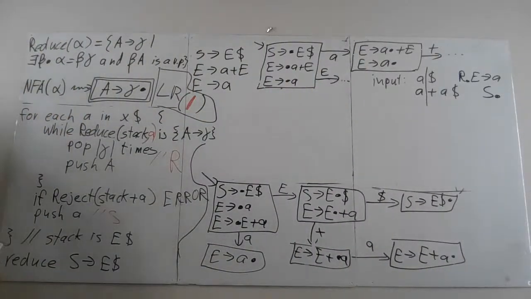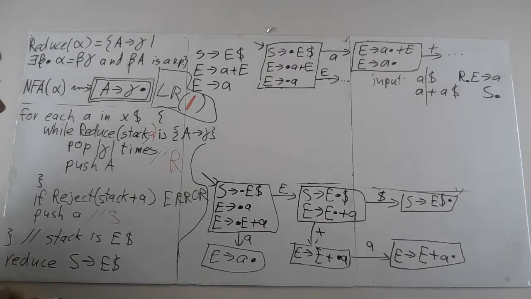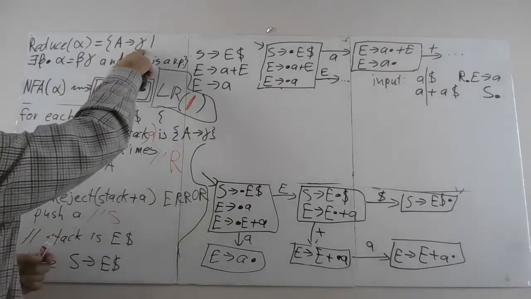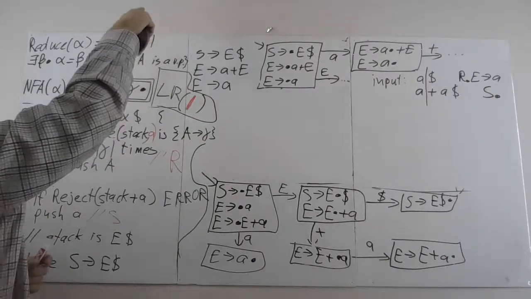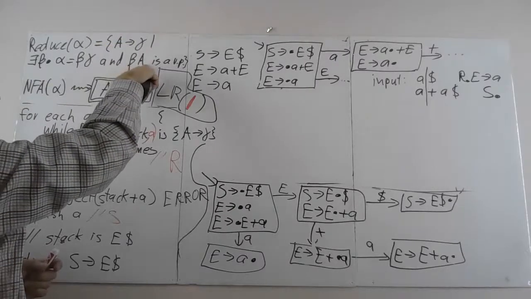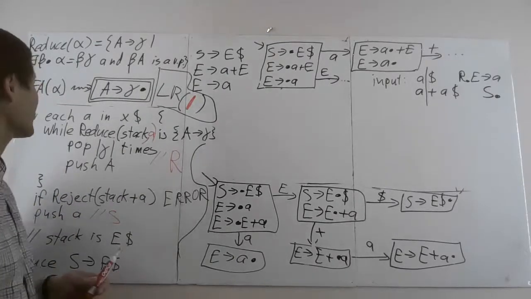So this was, when do I want to reduce? When the stack is alpha, and I want to reduce by that production rule, if after I reduce, my stack would be beta A, and that would still be a viable prefix.